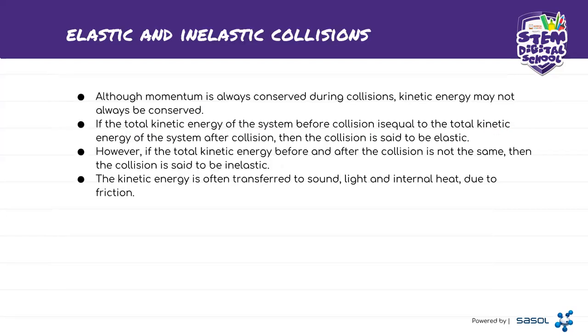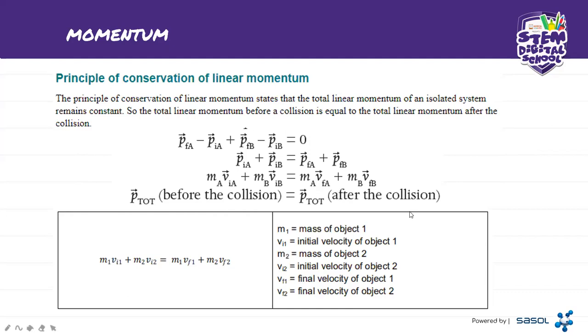Whenever they ask you a question, is this an elastic or inelastic system, you're going to find the answer to the total before collision and the total after collision. If the answers are the same, they are equal. If the answers are not the same, then it means that they are inelastic.